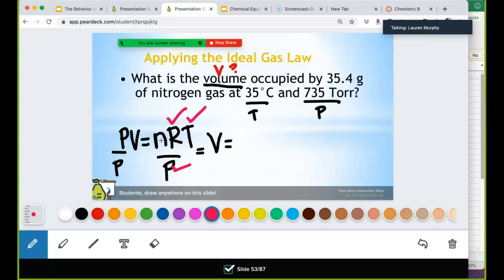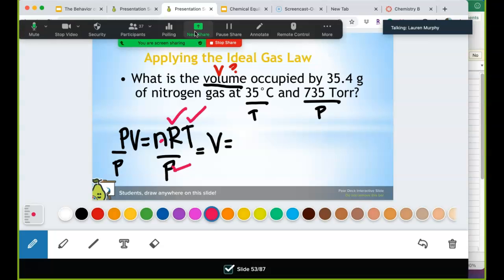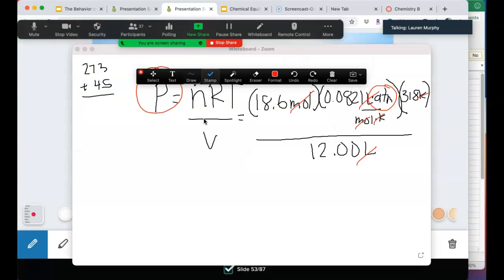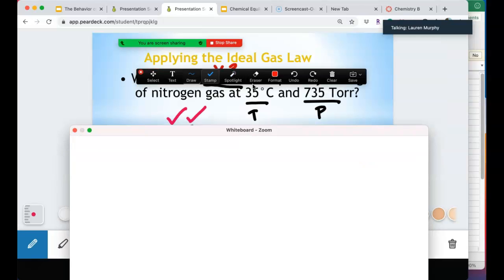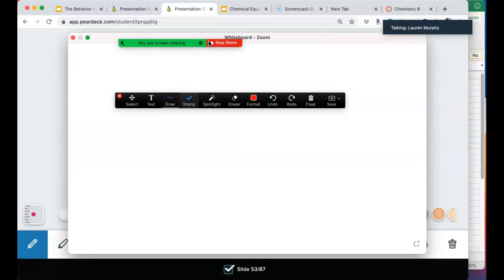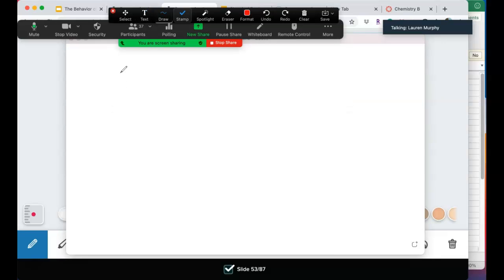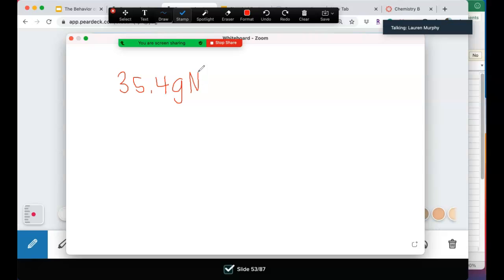Do I have something that can get me to moles, though? Can you turn grams into moles to be able to use? And that answer is yes. This is old stuff. If you know the grams of nitrogen gas, you can know the moles of nitrogen gas. So how do we do that? We have 35.4 grams of nitrogen gas.